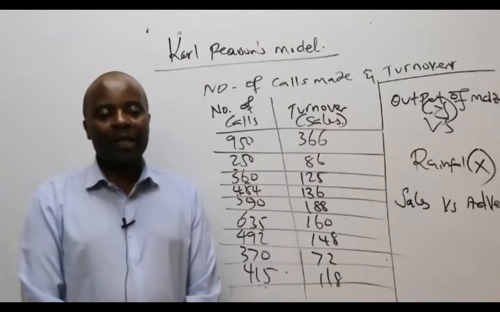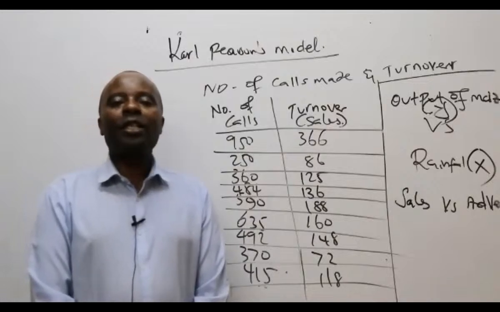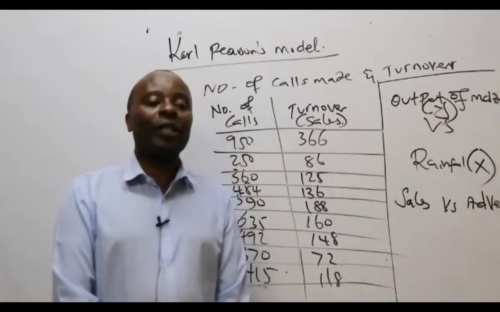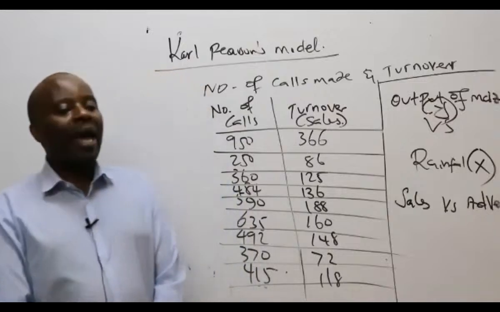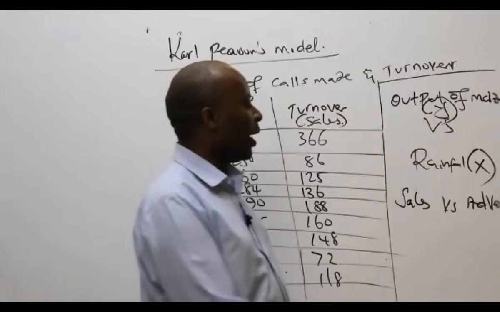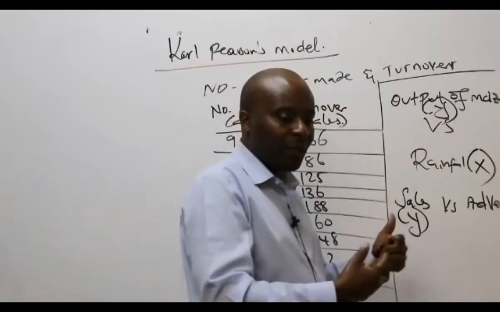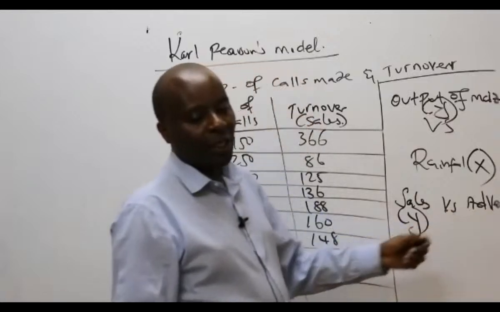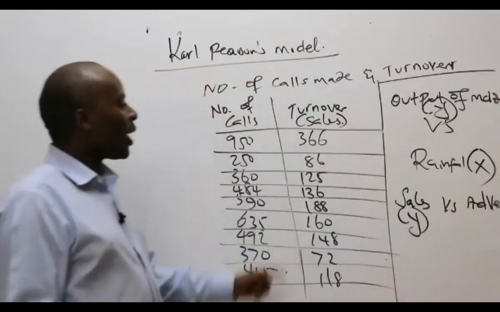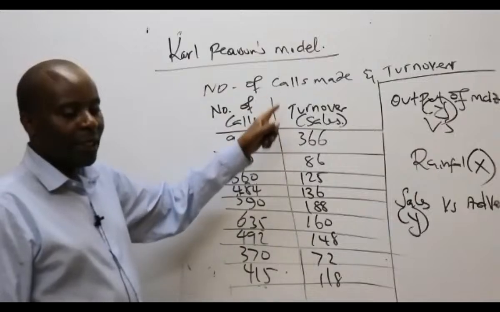So, ladies and gentlemen, you must always look at the variable that depends on the other. Like now here, Y will be sales because sales is a dependent. It's a function that is being influenced by advertising. So look at this thing keenly.